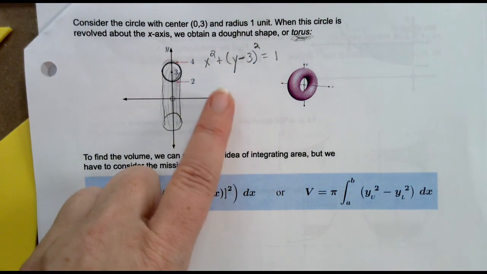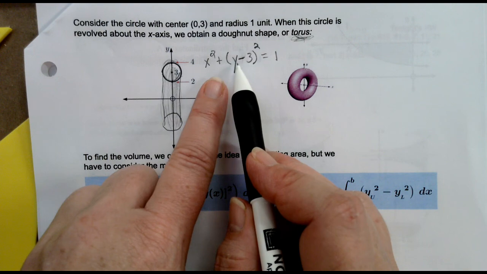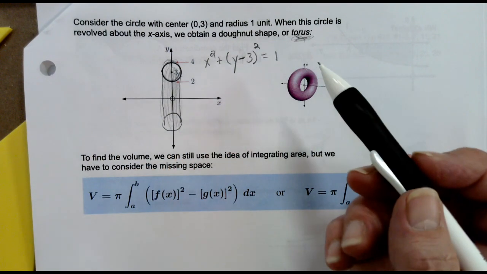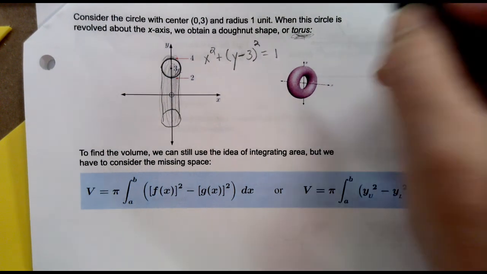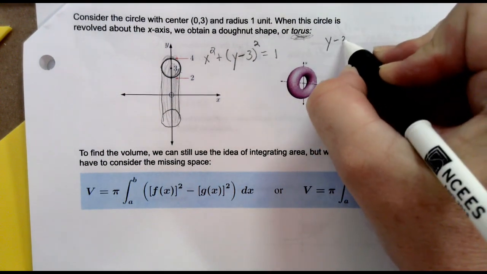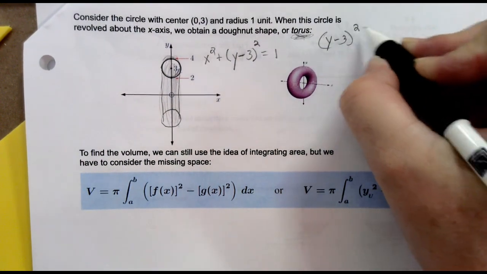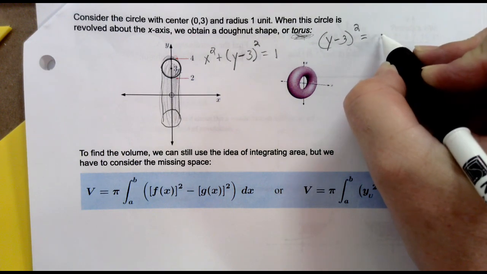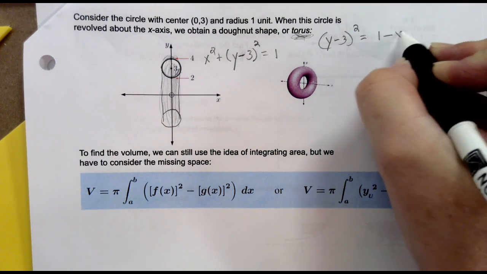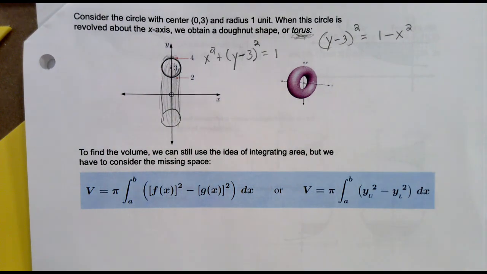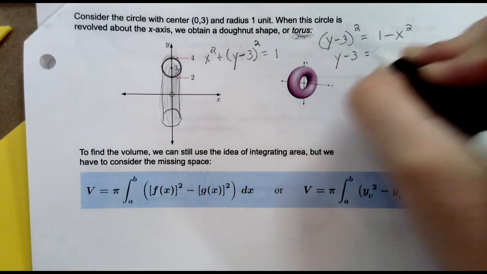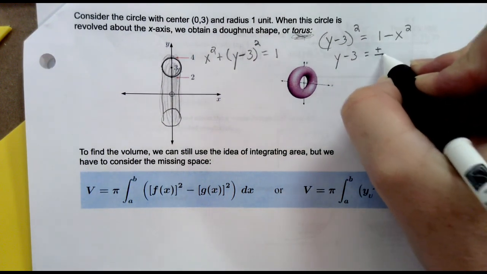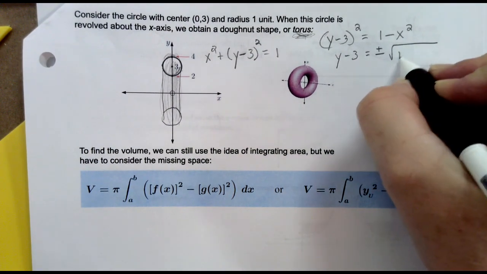So I need to get that solved for y. Holy mother. This is worse than I remember it being. So y minus 3 squared would equal 1 minus x squared. Is that right? So then y minus 3 equals positive or negative square root of 1 minus x squared.